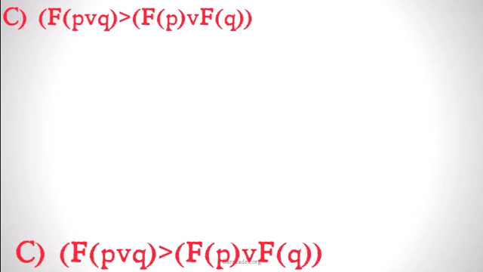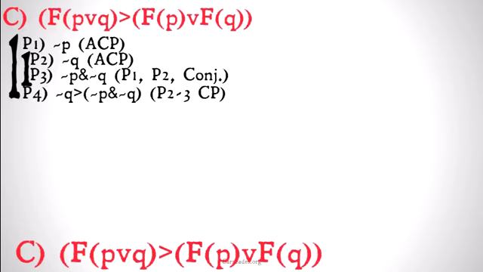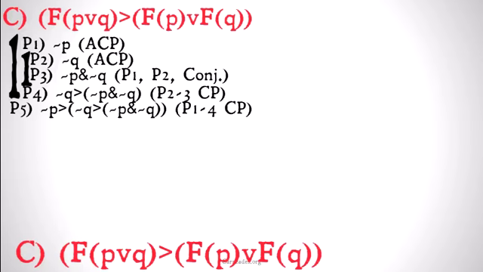Next up, we have distributing possibility, or the weak operator, or it will at some point in the future be the case that, across disjunction. Once again, we're going to start with an assumed conditional proof and draw a line going down, but this time we're going to do a double assumed conditional proof, and we assume not P, and then we assume not Q. From 1 to conjunction, we can join not P and not Q. Therefore, we can show that not Q implies not P and not Q, which seems a little strange, but then you remember we are within an assumed conditional proof.